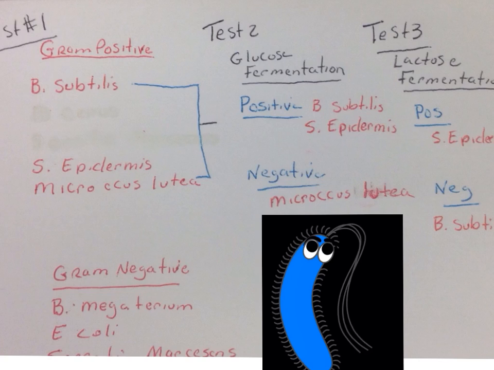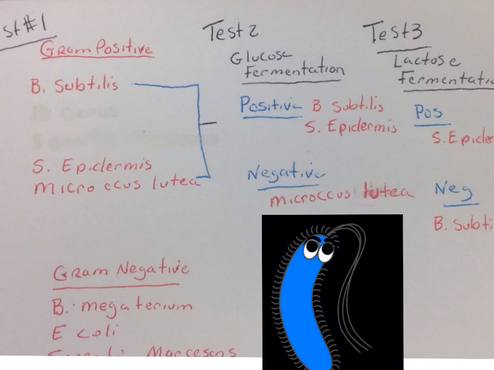All right, let's say that my unknown bacteria was positive for glucose fermentation. I'll then look and see, okay, what test could I do that would differentiate these 2 right here? And I go back and look at my sheet of the tests that we've run and the test results, and I see that lactose fermentation, each one had a different result. The Staphylococcus epidermidis was positive, and the Bacillus subtilis was negative.